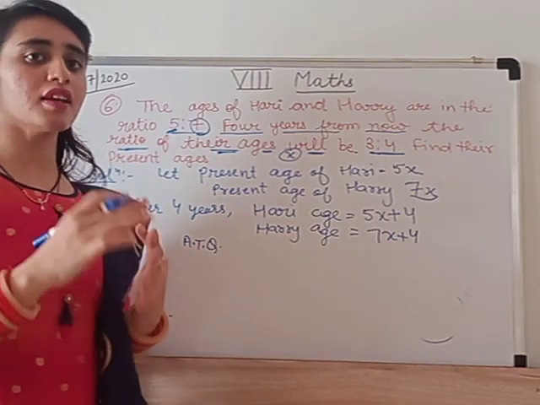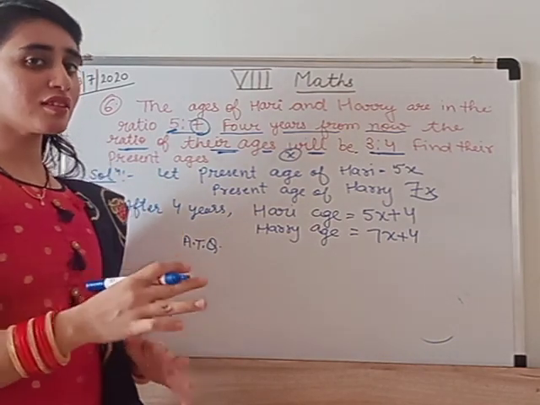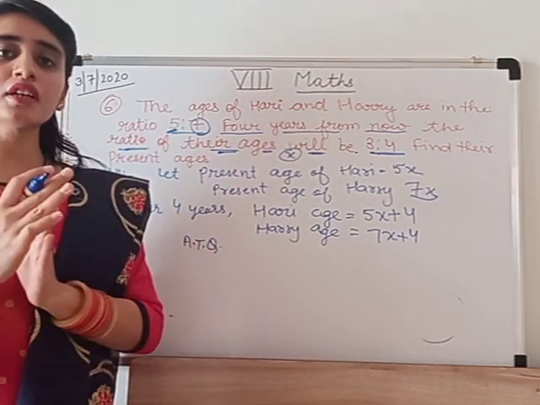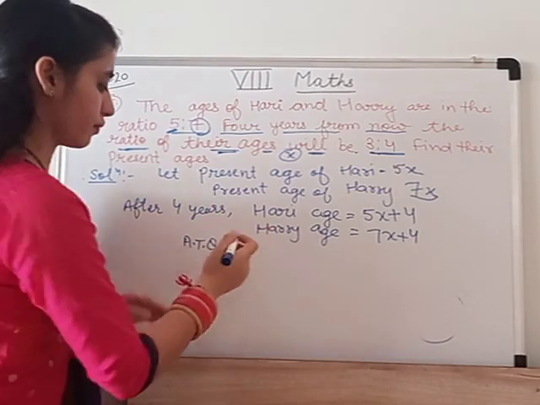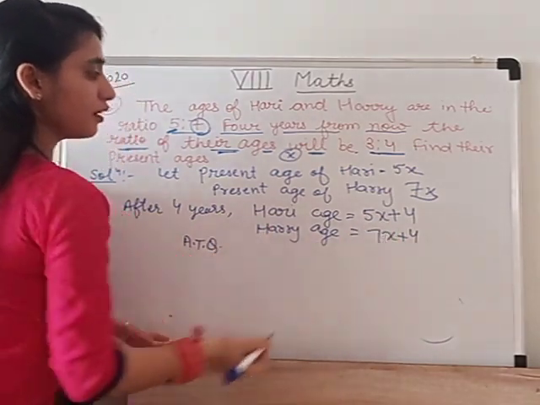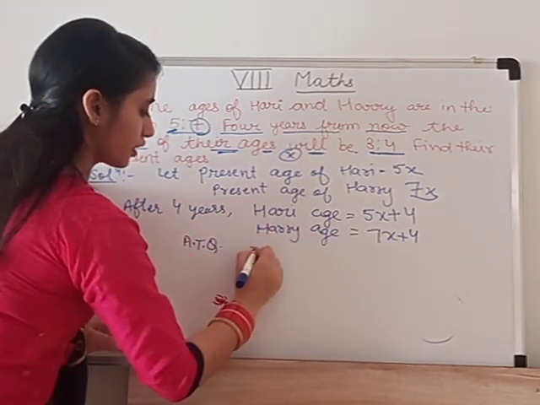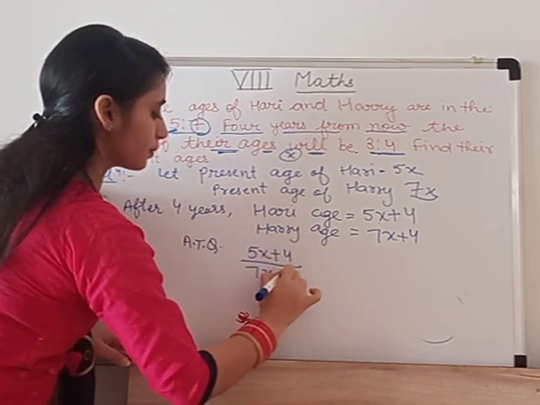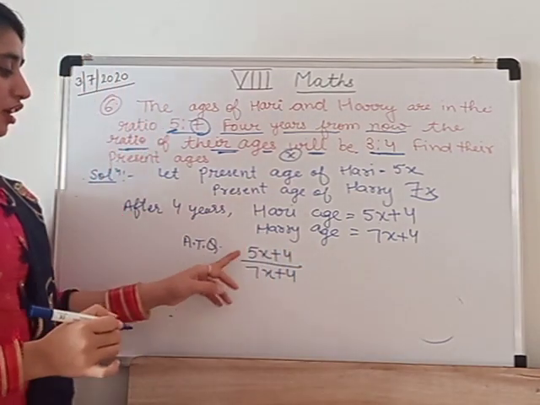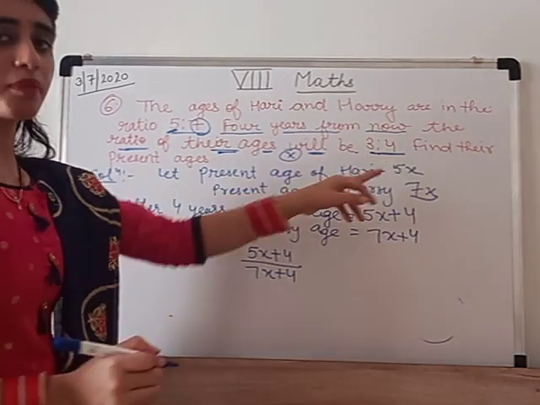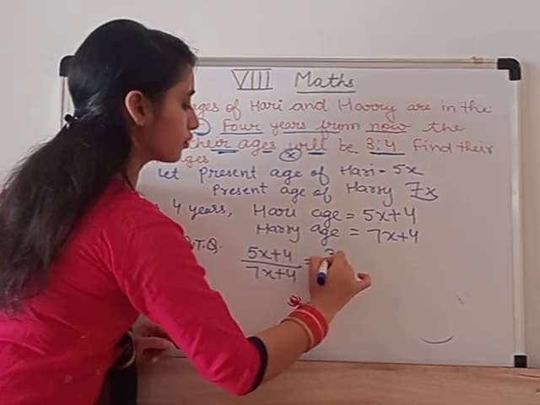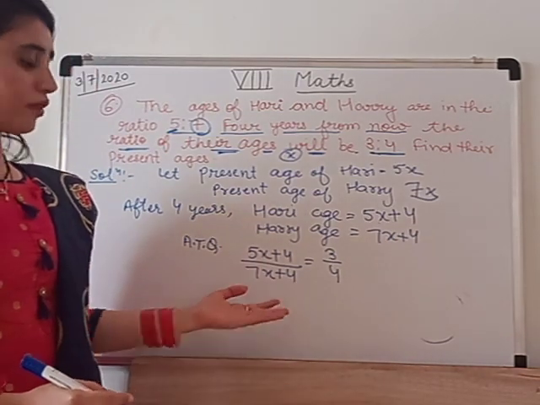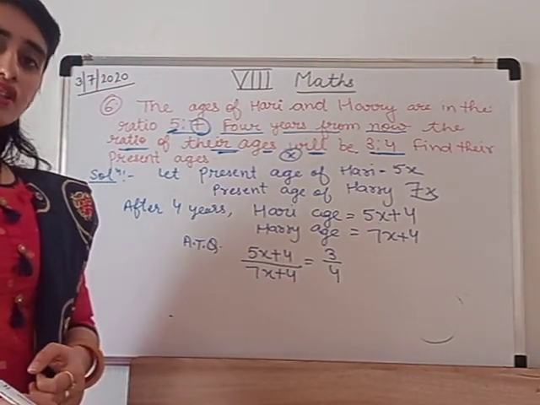In the previous exercise we also did this, but here the variable is present in the numerator and denominator as well. So the ratio of 5x plus 4 divided by 7x plus 4 will be equal to 3/4. This way, we make our linear equation.